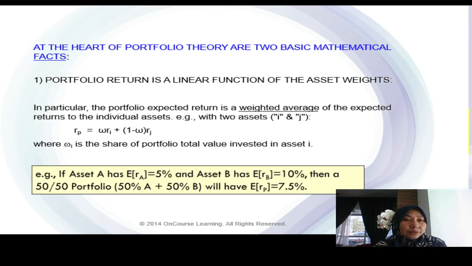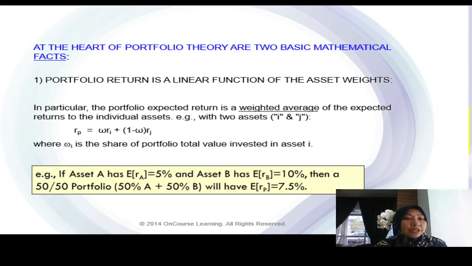So these are the equations here. The return of the portfolio is equal to the weighted average of the returns of the individual assets, where r_i is the rate of return.